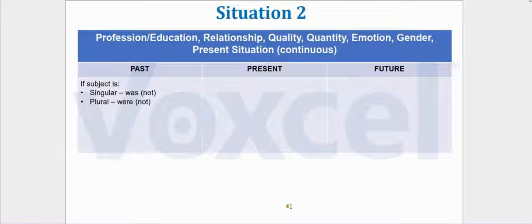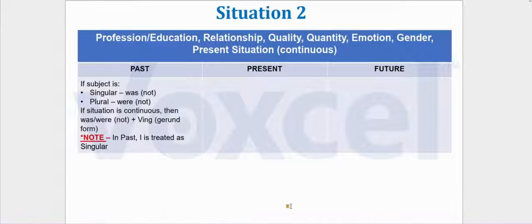If the subject is singular, in the past you will say was, and with plural, were. If the situation is continuous, then with was and were you will use the verb's gerund form, that is ing, like I was studying. Don't worry about that. When we see examples, you will know how to use them.